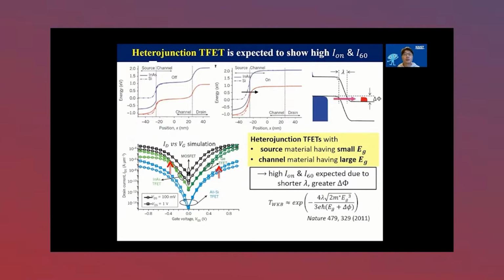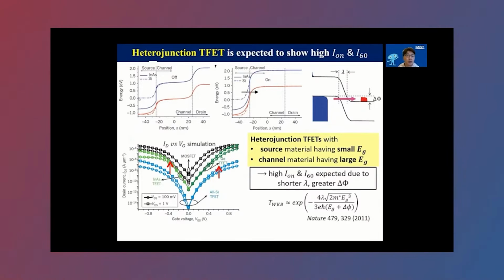So how can we overcome this problem? To increase the I60, people found from simulation that you can fabricate the tunnel FET body with a heterojunction, not just a single material.